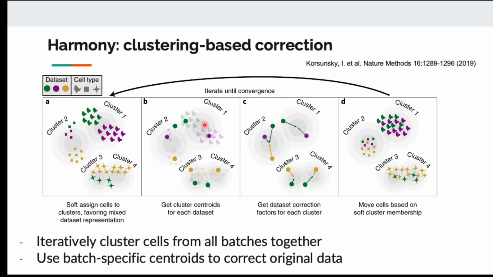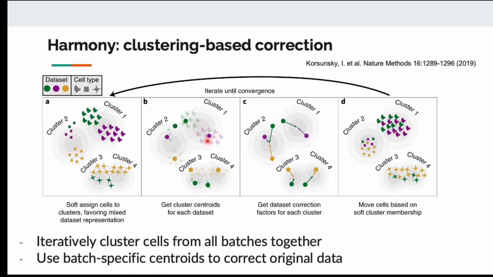So once you identify the clusters, let's say you identify 4 clusters. Let's say cluster 1 contains this cell type, which is present in, let's say, sample 1 and sample 2, but not sample 3.